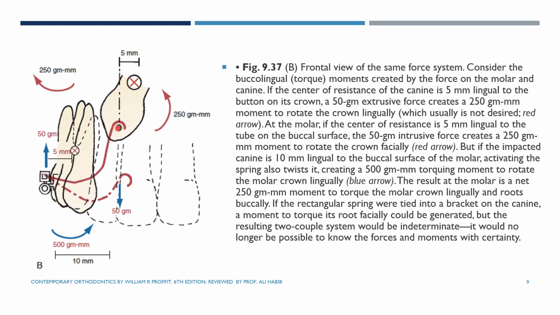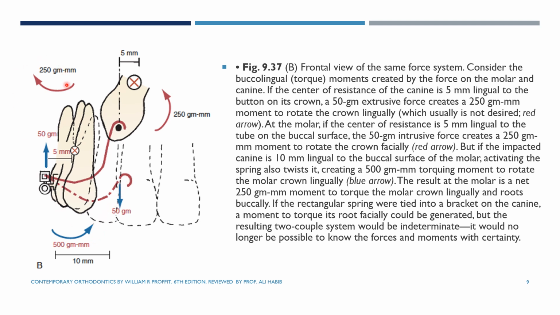the two units, 10 millimeter, which is measured here, times 50 gram of force. So this will create a moment of 500 gram millimeter. In which direction? In the opposite direction.